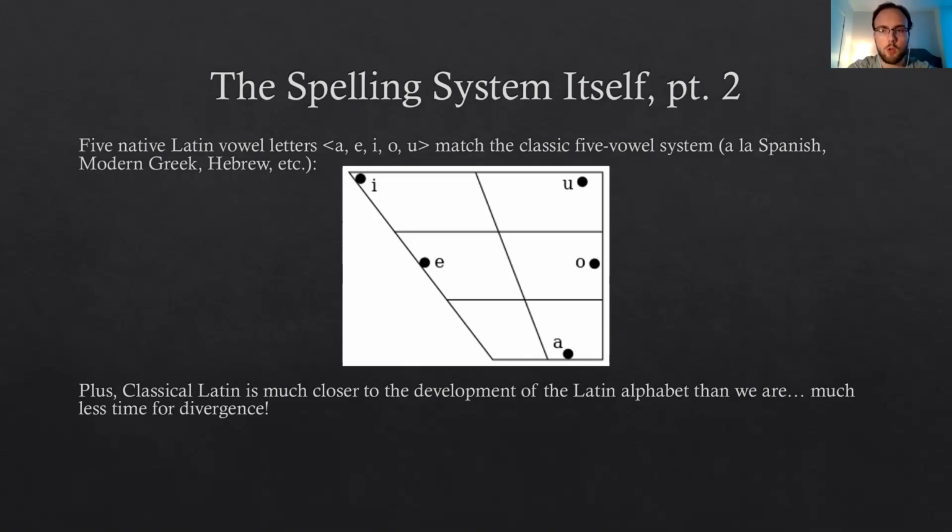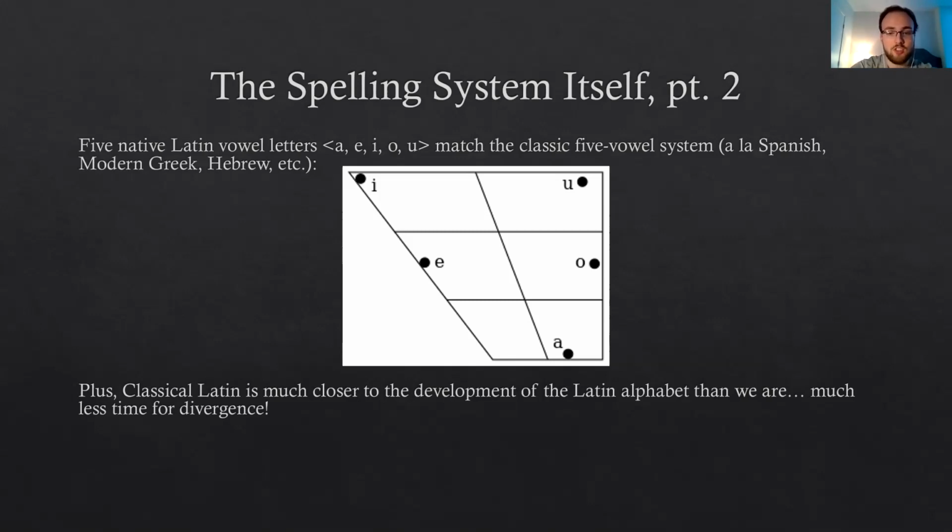There's not going to be a whole lot of historical spelling. We're probably not going to find a lot of silent letters, for instance. This is in stark contrast to our modern languages, which have been using these spelling systems for thousands of years. And there's a lot of differences. A lot of silent letters in modern English.